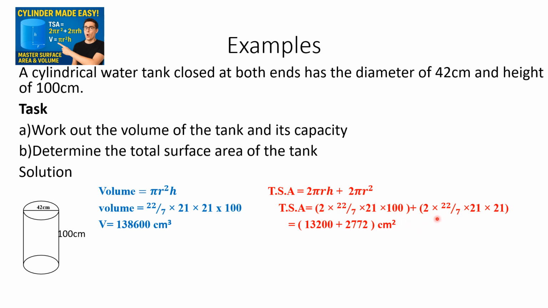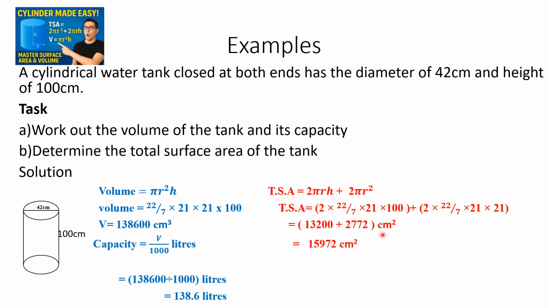Then plus 2 times 22 over 7 times 21 times 21. And here we get 13,200, and then plus 2,772 square centimeters. And here we shall have 15,972 square centimeters. This is the total surface area.